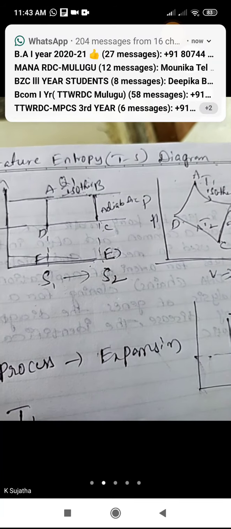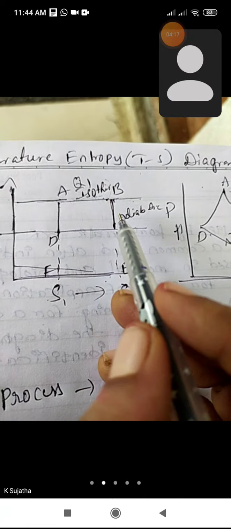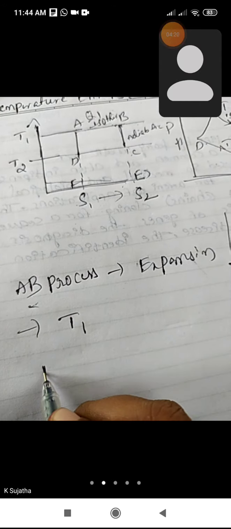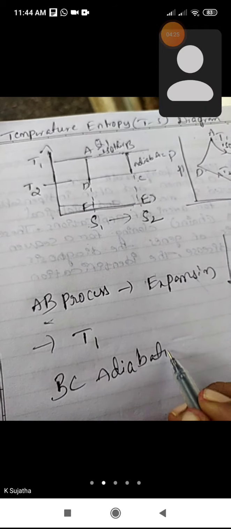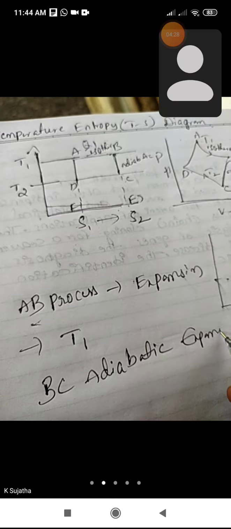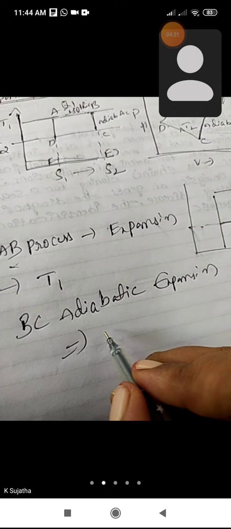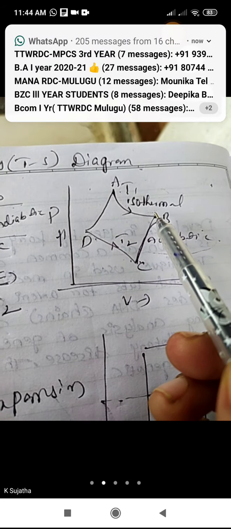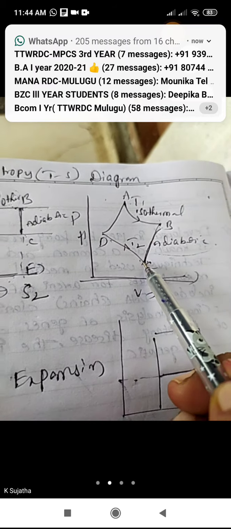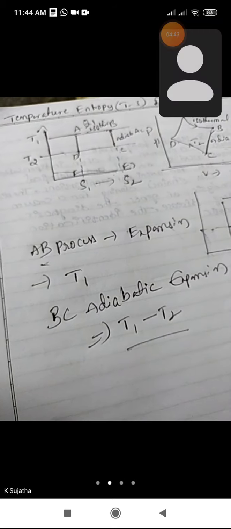Since BC is an adiabatic process, there is no flow of heat, so only the temperature changes. In the adiabatic expansion there is no heat change, but according to the graph the temperature changes from T1 to T2.